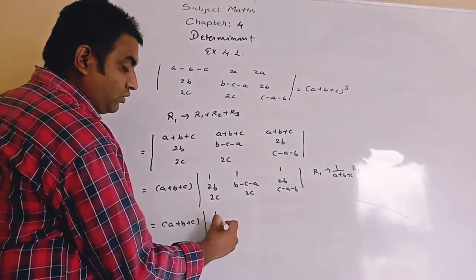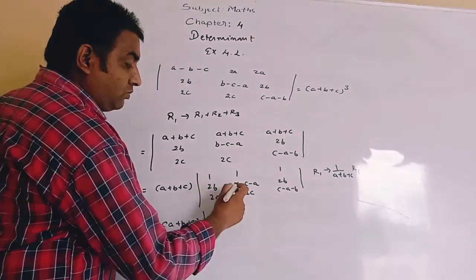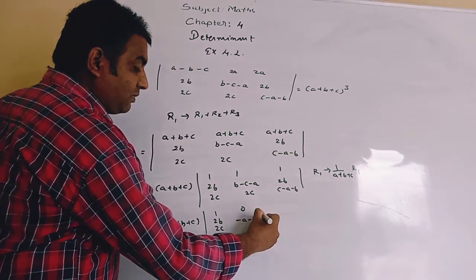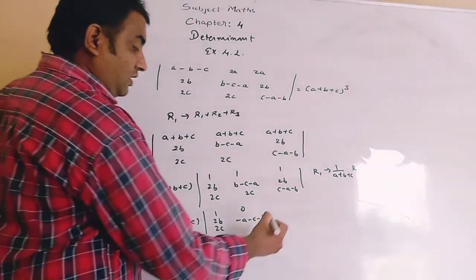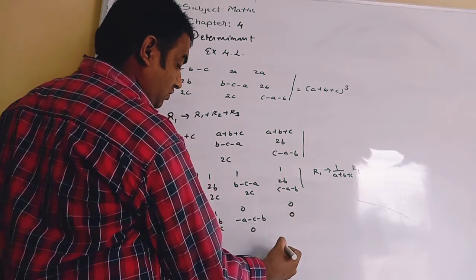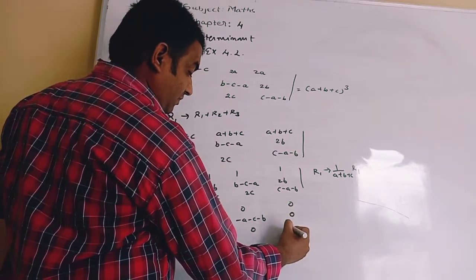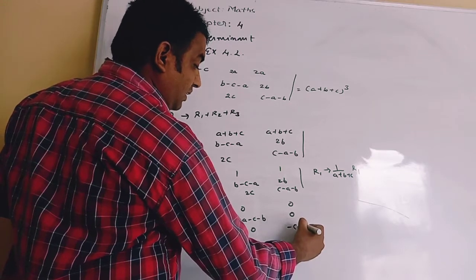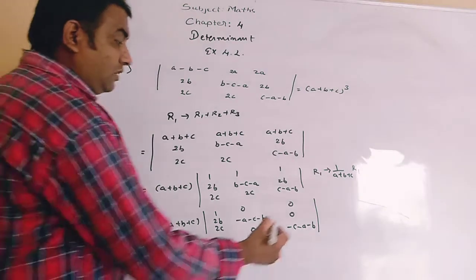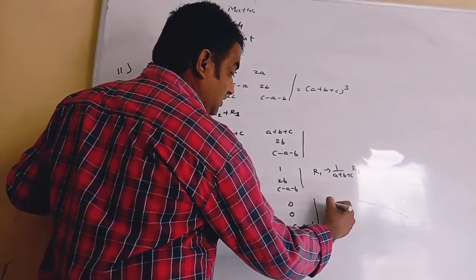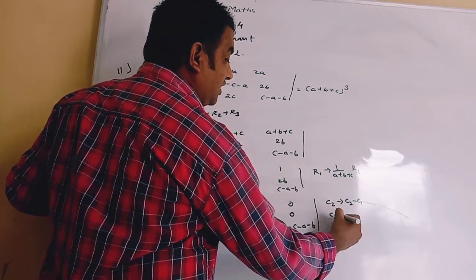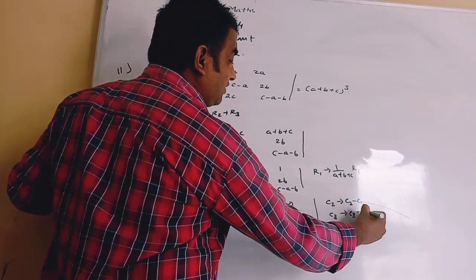So a plus b plus c, here 1 2b 2c, 0 b minus c minus a, that will give us minus a minus c minus b, and 0, here 0, minus 2b, 0, and here minus c minus a minus b. So here we have applied C2 transform into C2 minus C1, C3 transform into C3 minus C1.